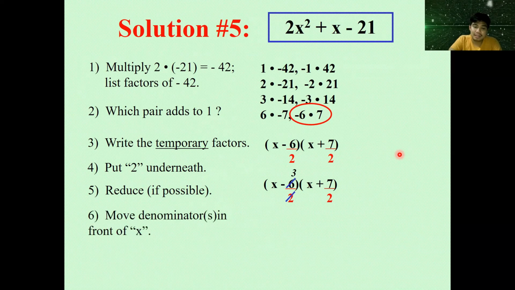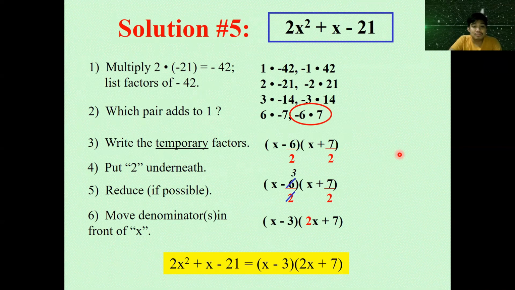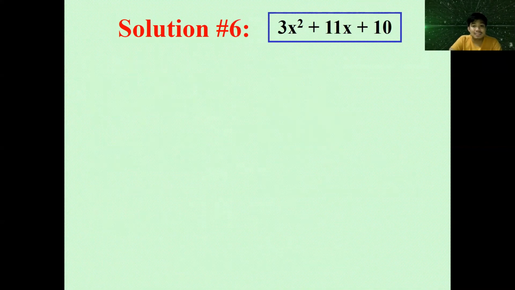And then kapag na-reduce na, yung ating mga denominator, ilalagay na natin sa tabi ng x. So we have x minus 3 times 2x plus 7. So ang factored form ng 2x squared plus x minus 21 is x minus 3 times 2x plus 7.